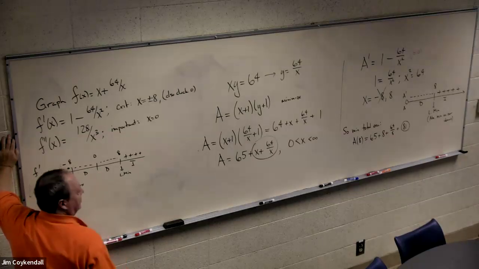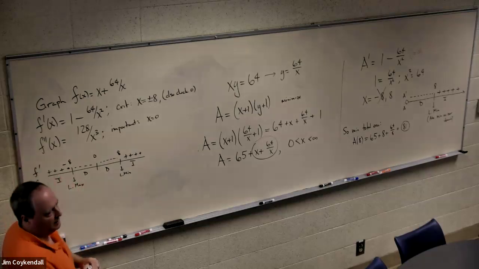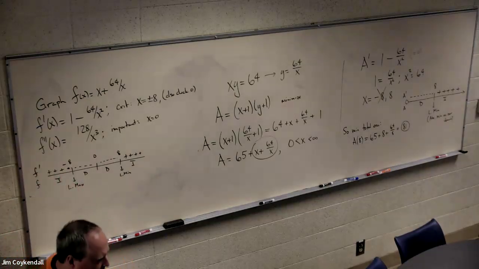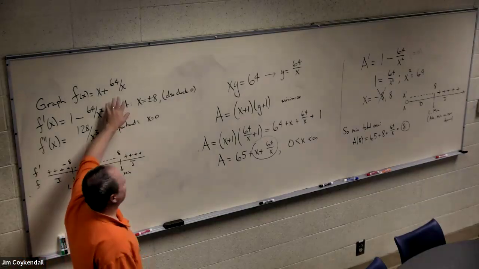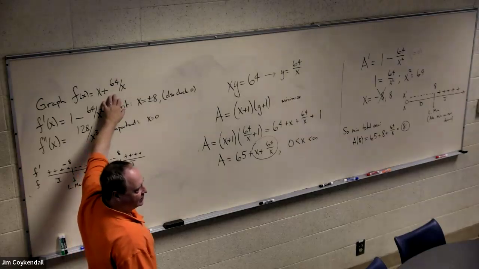And what are those signs? Yeah, it should be a vertical asymptote.